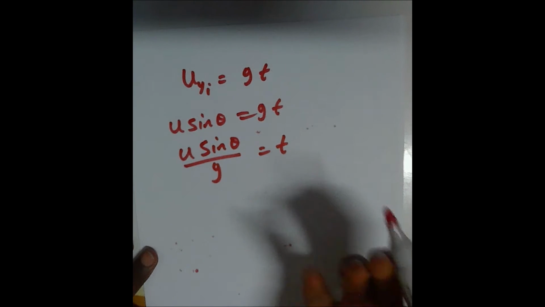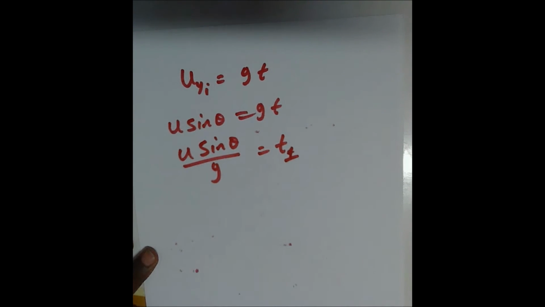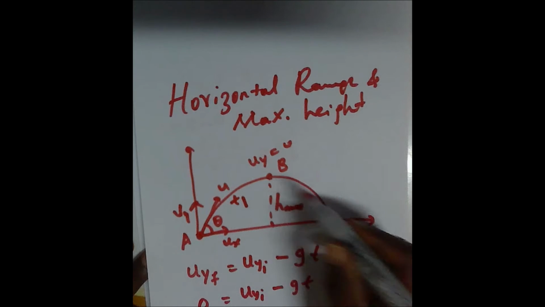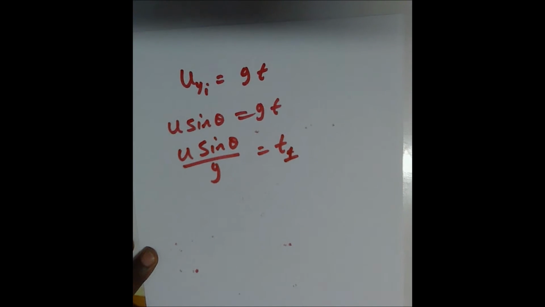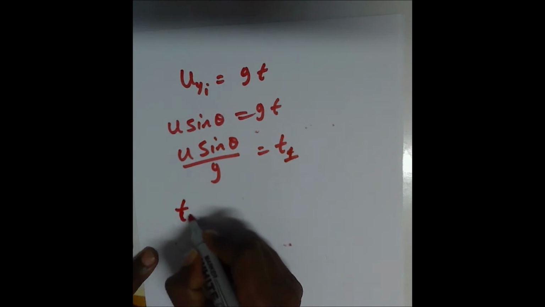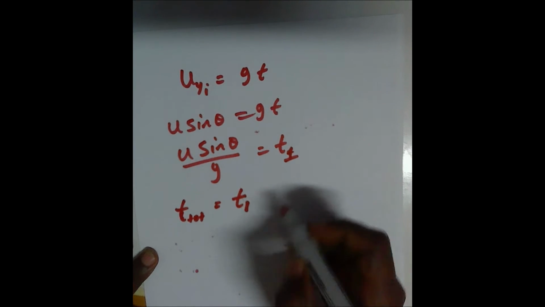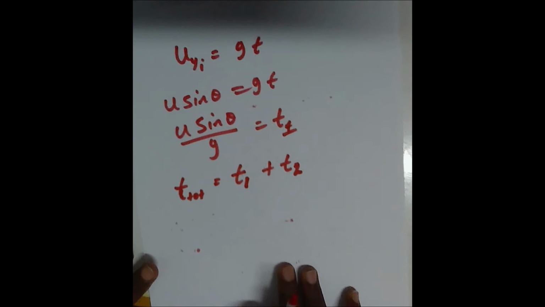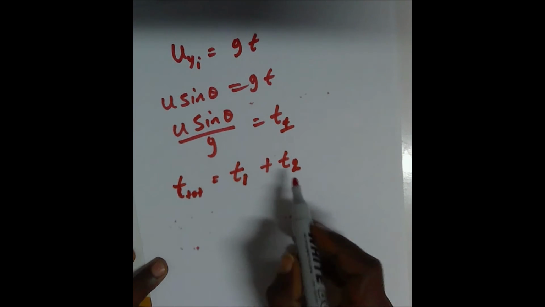Let's say this is t1. If you want to find t2, let's look back. From here up to this point we call t1, and from this point up to this point we call t2. So the total time t total is equal to the sum of the first, t1, plus the second, t2.